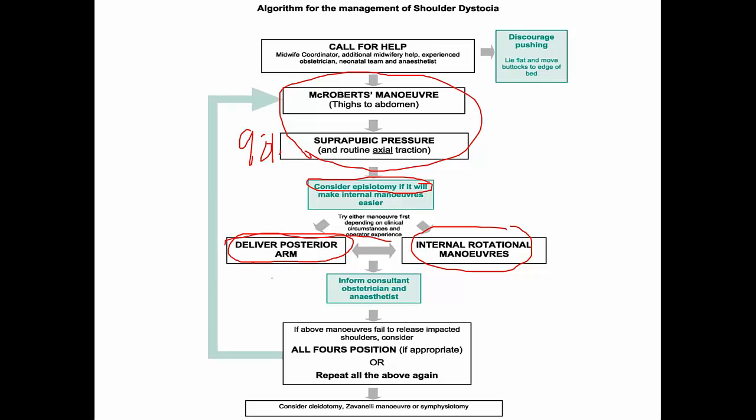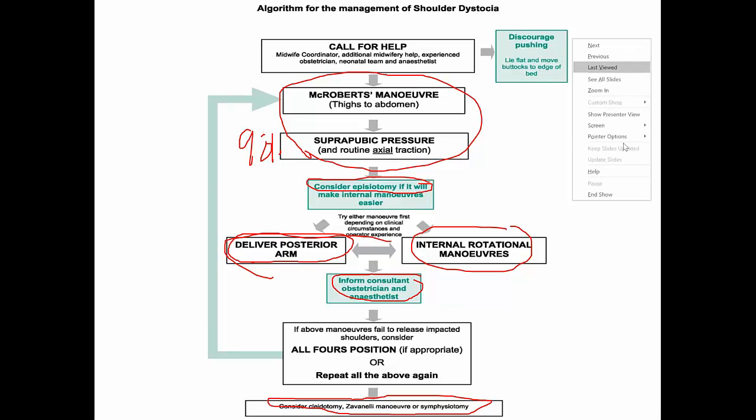If that fails, you inform the consultant obstetrician and assist to do the advanced maneuvers. Before that, repeat all the maneuvers, and if they fail, you can consider cleidotomy or the Zavanelli maneuver or symphysiotomy. This is about management of shoulder dystocia.